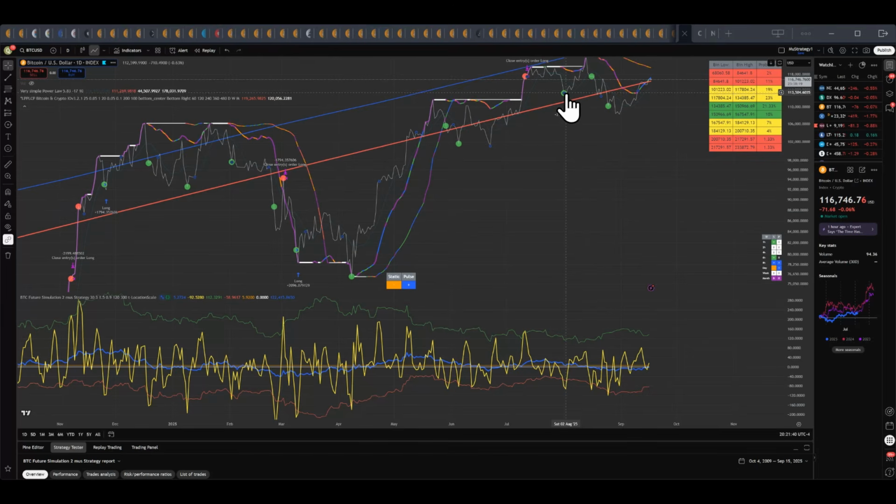So, let's say you sold it here at 117 and you bought at 80, whatever it is. Let's see, what is 117 over 80? Sorry, I cannot do this in my head. Let's say 46%.